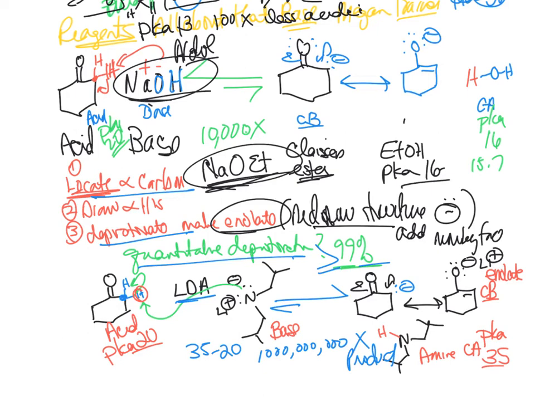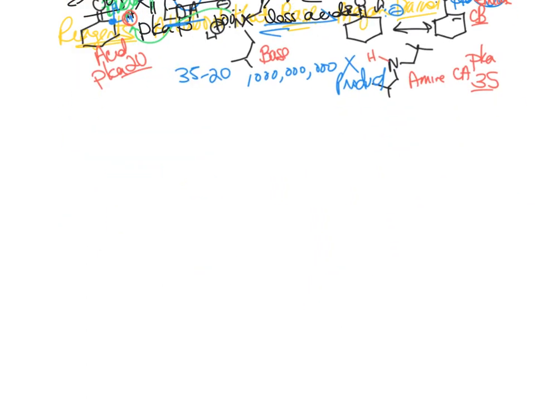And the other thing, you can go ahead and work on your problems for assigning the acidic protons. I'm going to teach you one other thing. It might take an extra 5 minutes.